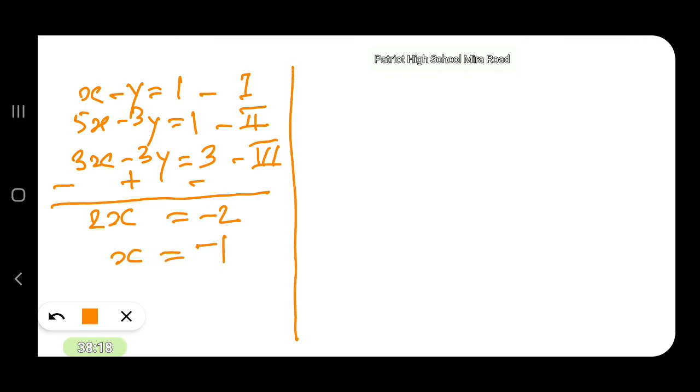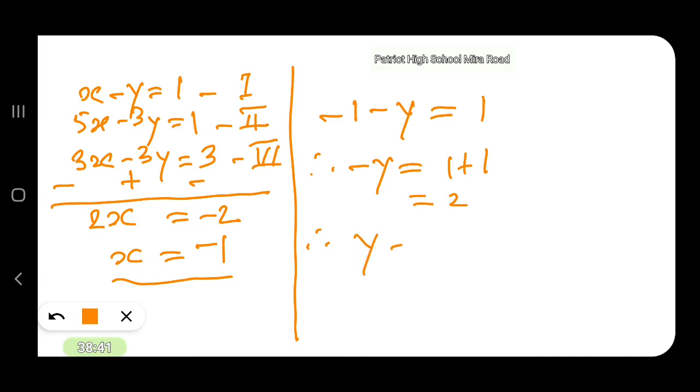Now substituting this value in equation 1, we have minus 1 minus y is equal to 1. Therefore minus y is equal to 1 plus 1, that is 2. Therefore y is equal to minus 2. Therefore the solution is x is equal to minus 1 and y is equal to minus 2, which is the same solution as we had obtained by graphical method.